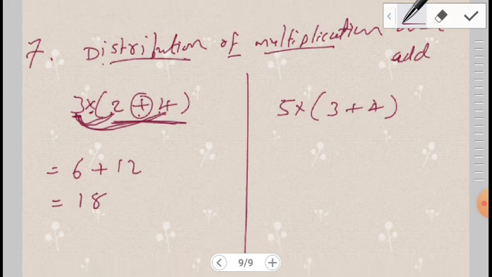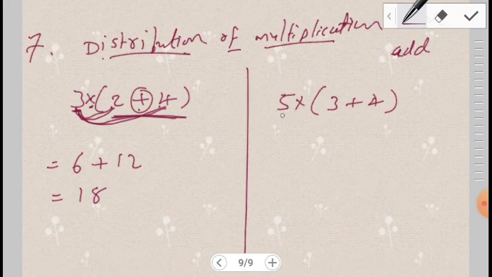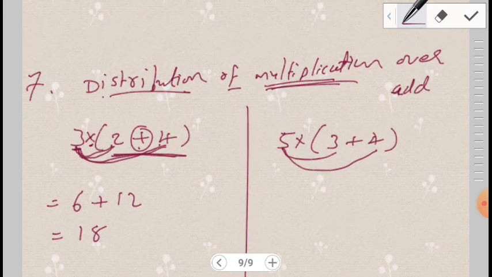Let's take another example for this. 5 is in multiplication with this bracket, and 5 will get distributed over 3 and 4, but 3 and 4 are in addition form, so we can say it is a distribution of multiplication over addition.